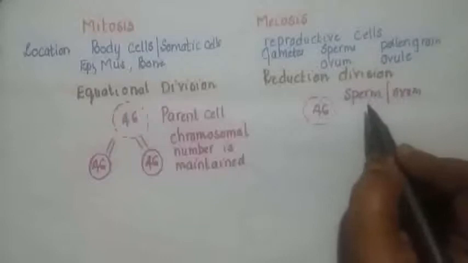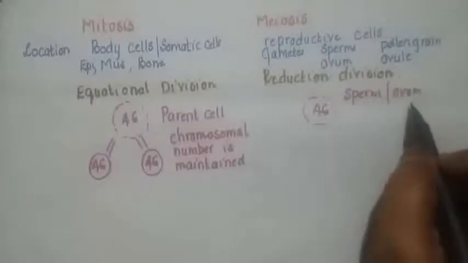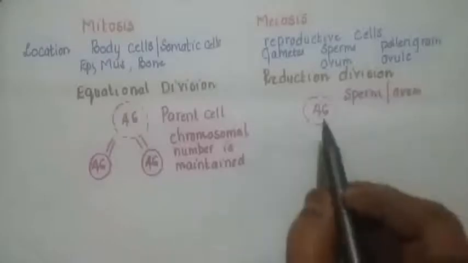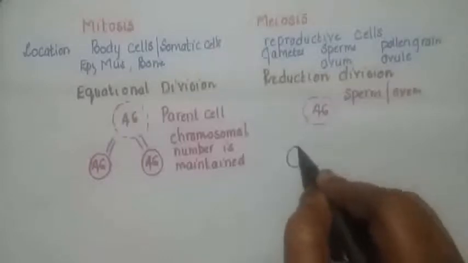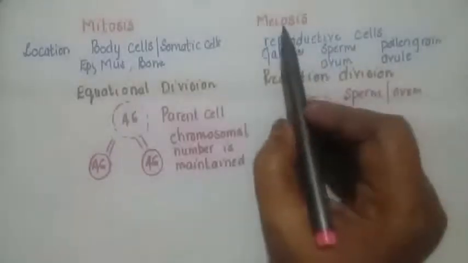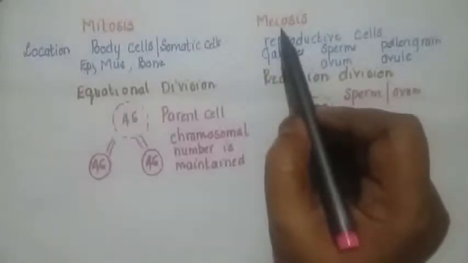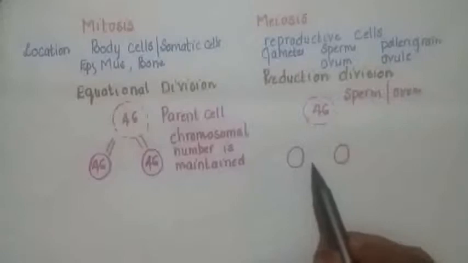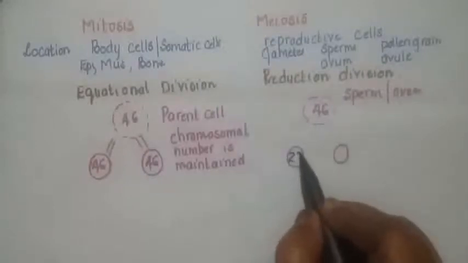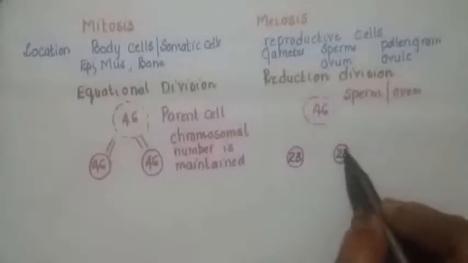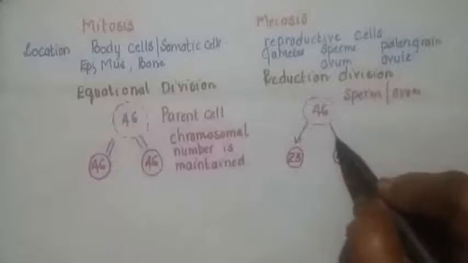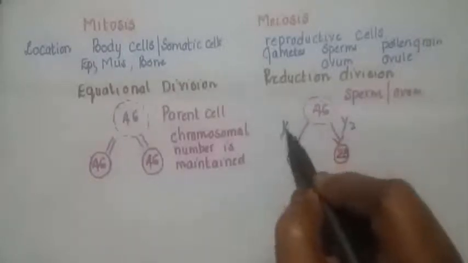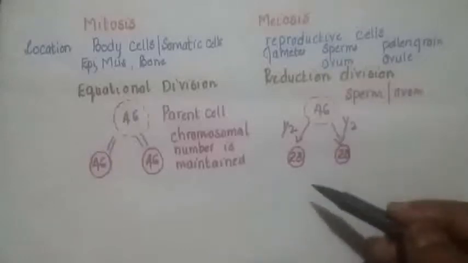So when the sperms are produced in the testes or when the ovum is produced in the ovary, when a single cell divides, the new cells after the meiosis will have only 23 chromosomes in each of the sperms or in the ovum. So you can say that there is a reduction in the number of chromosomes, reduced to half of its original number.